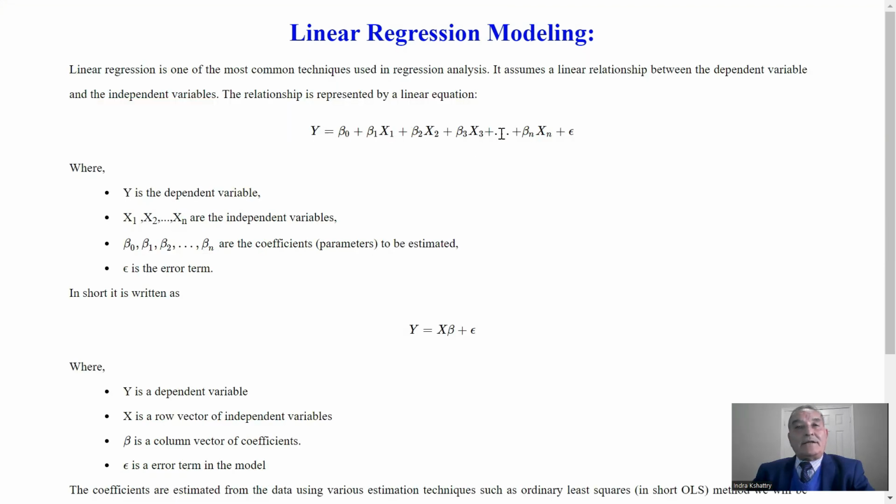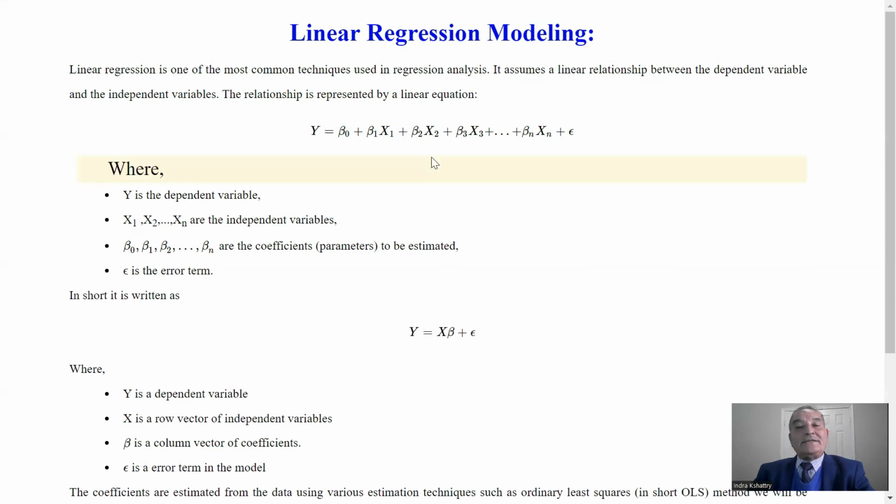This is the mathematical form of the general linear model, where on the left-hand side, y is the dependent variable and the x's here are the independent variables. Betas are the coefficients, also called parameters, to be estimated in the model, and epsilon is the error term.